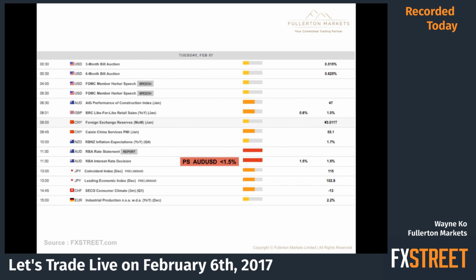But if it really does occur, then probably there will be a sell-off in the Aussie dollar to catch your pending short order to take you for some profits. So that's the purpose for such a surprise trade suggestion. So this is a pending short Aussie dollar for tomorrow's RBA interest rate decision.